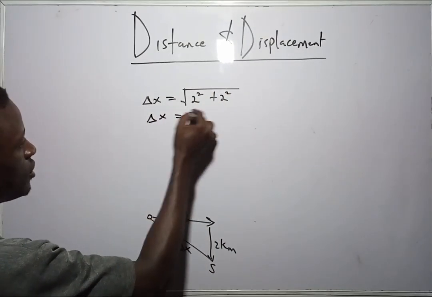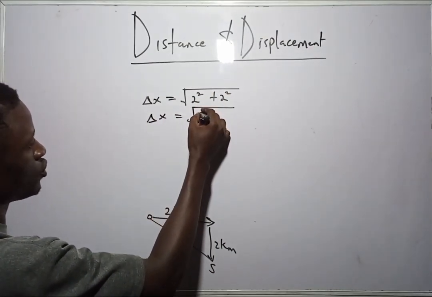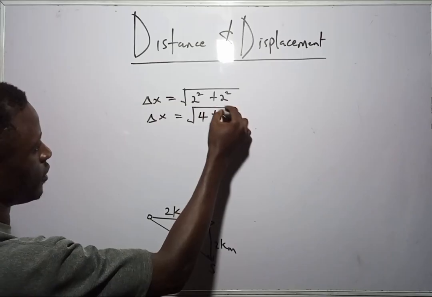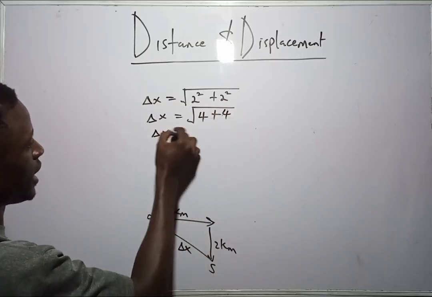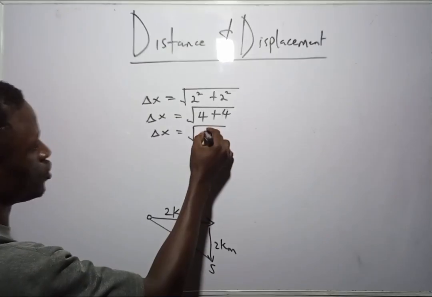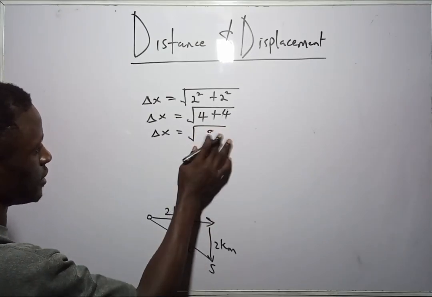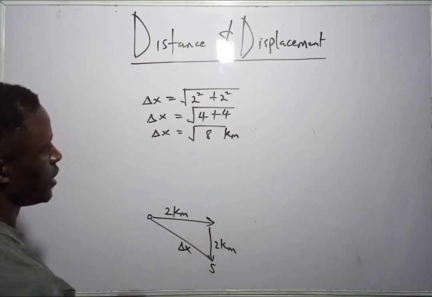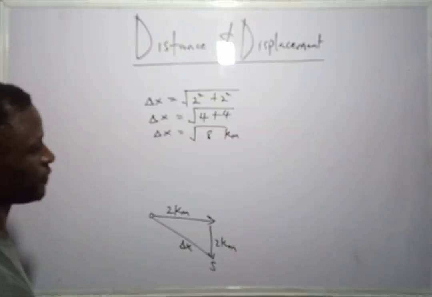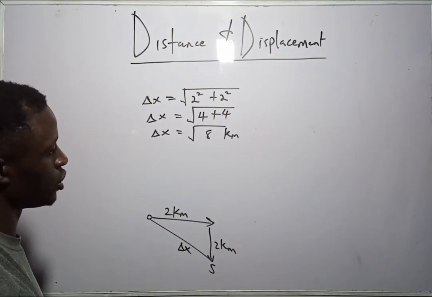The x is going to be 2 squared, which gives us 4. Then 2 squared will also give us 4. The x is going to be root of 4 plus 4, which gives us 8. Root 8 kilometers. So that's our final displacement for that whole journey.